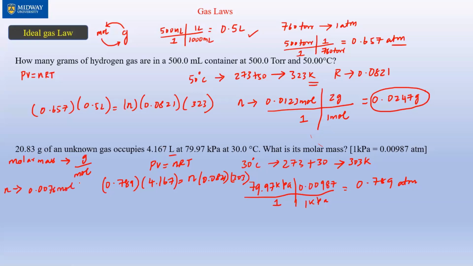To find molar mass, we take 20.83 grams over 0.0076 moles, which will be 2740 grams per mole. That's the molar mass.